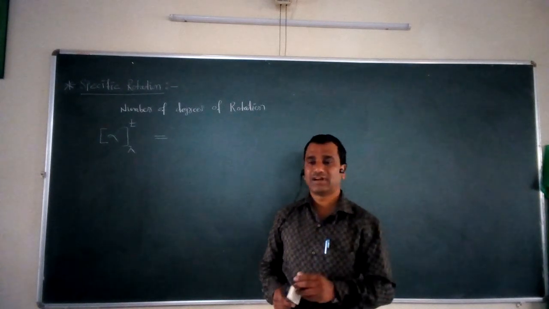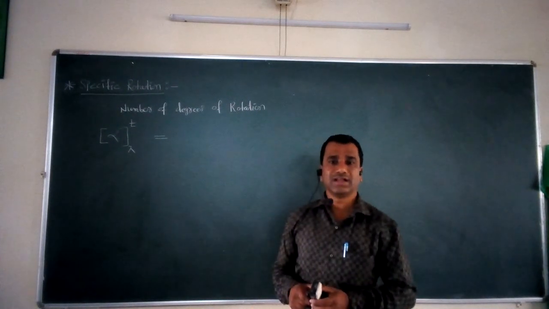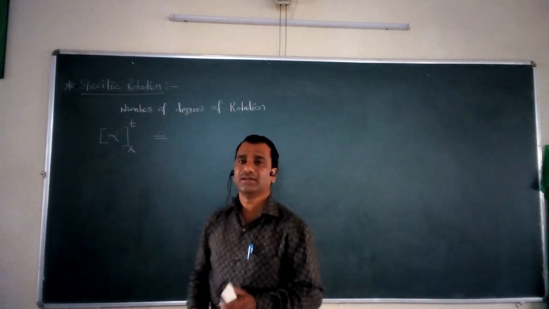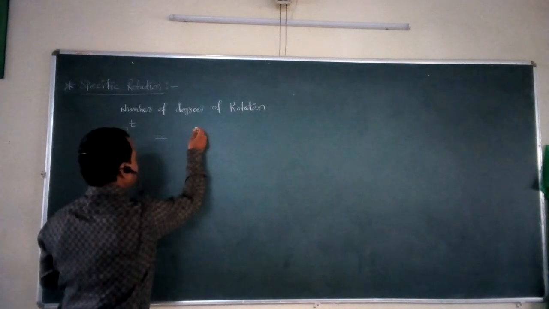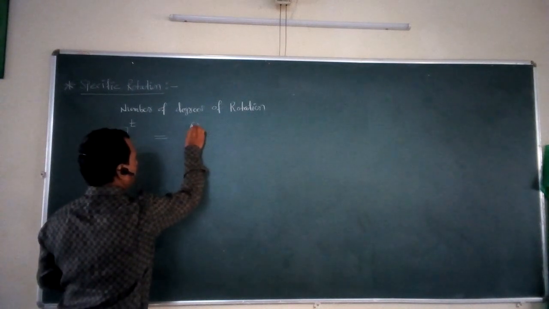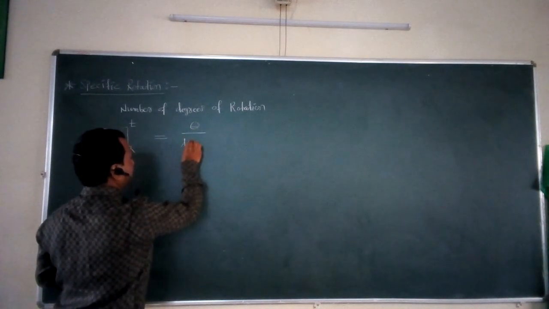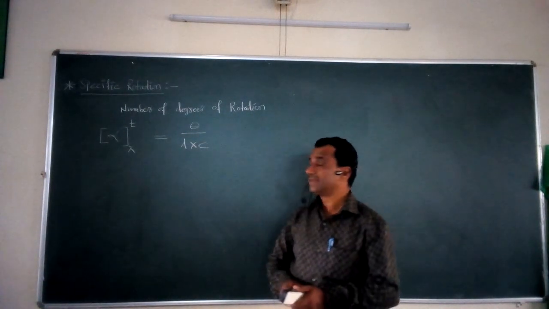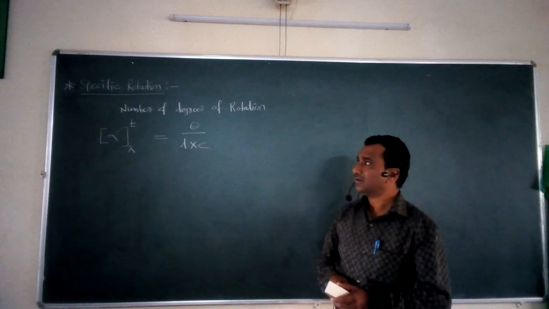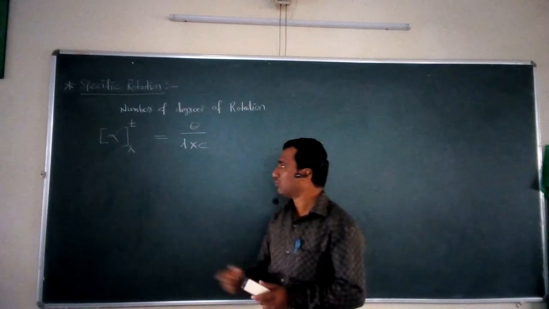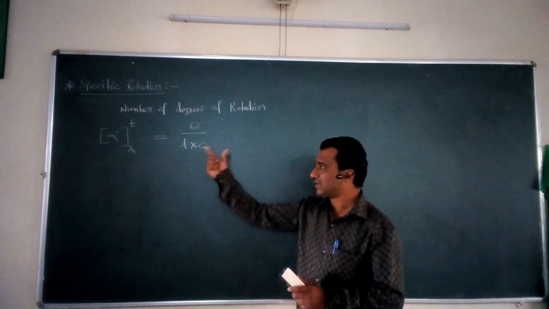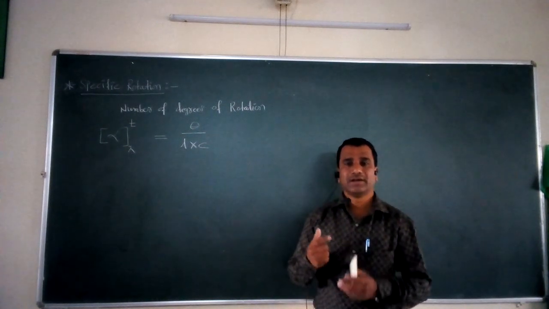It is represented by alpha with respect to temperature T and wavelength lambda, and is given by a simple equation: alpha equals theta divided by L into C. This is the simple equation for calculating specific rotation.